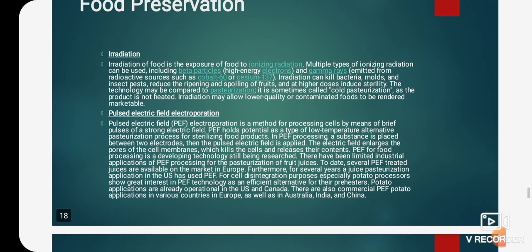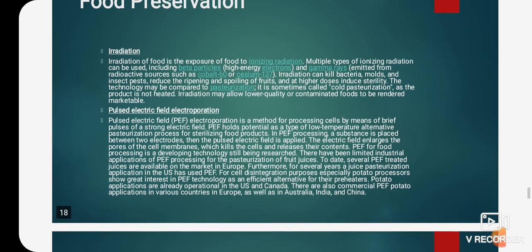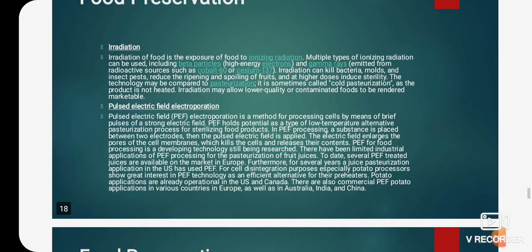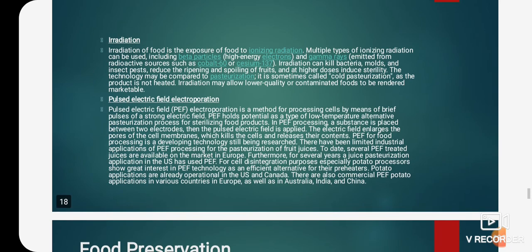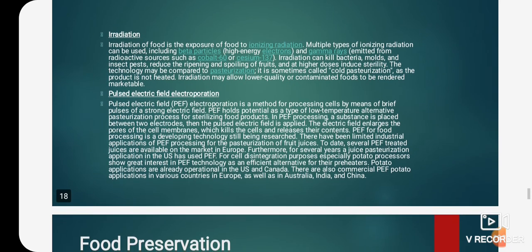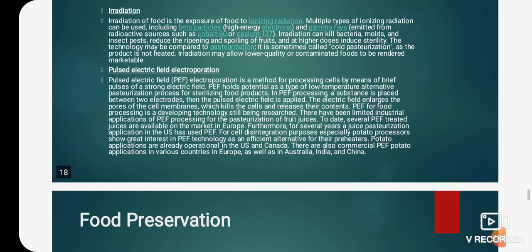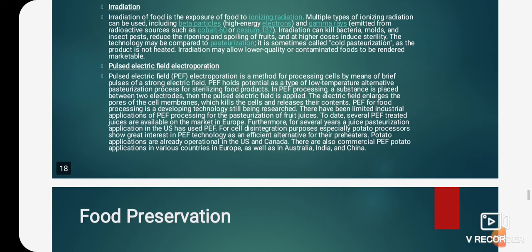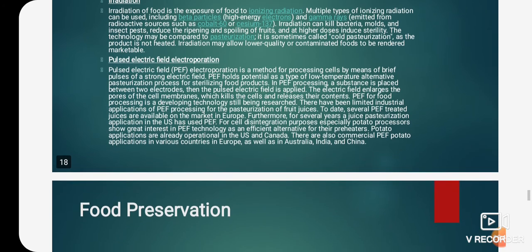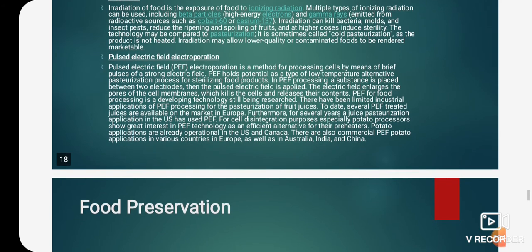Pulsed electric field electroporation is a method for processing cells by means of brief pulses of a strong electric field. PEF holds potential as a type of lower temperature alternative pasteurization process for sterilizing food products.